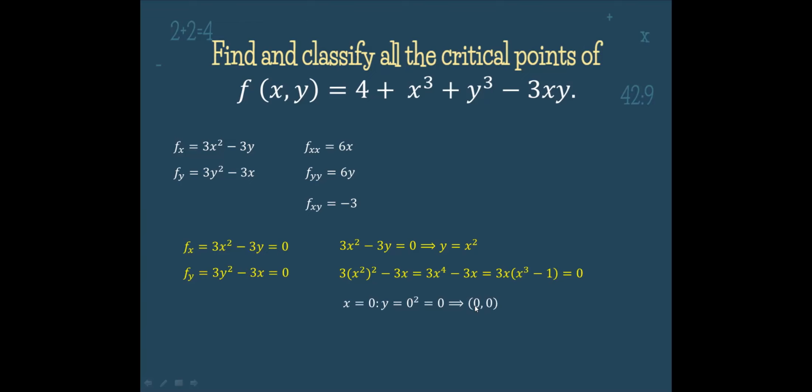So our first critical point is (0, 0). Second, when x is equal to 1, y is equal to 1 squared, which is 1. So our second critical point is (1, 1).